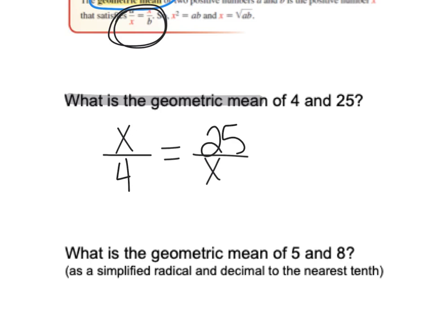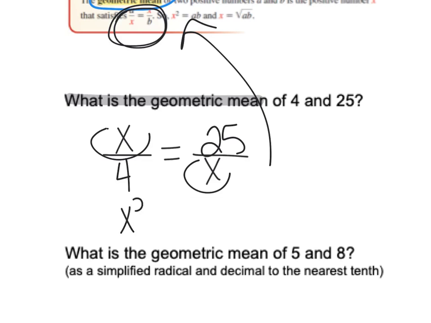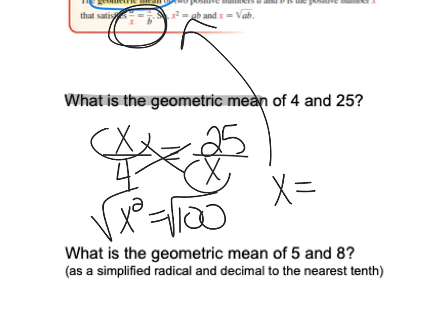So we have 4 places to fill. 2 of them will be the same, because that's how we get x squared equals a times b, like up here. And then when we do our cross multiplying, or our butterfly method as some people like to call it, x squared equals 100, and if you take the square root of both sides, you get that x equals 10.